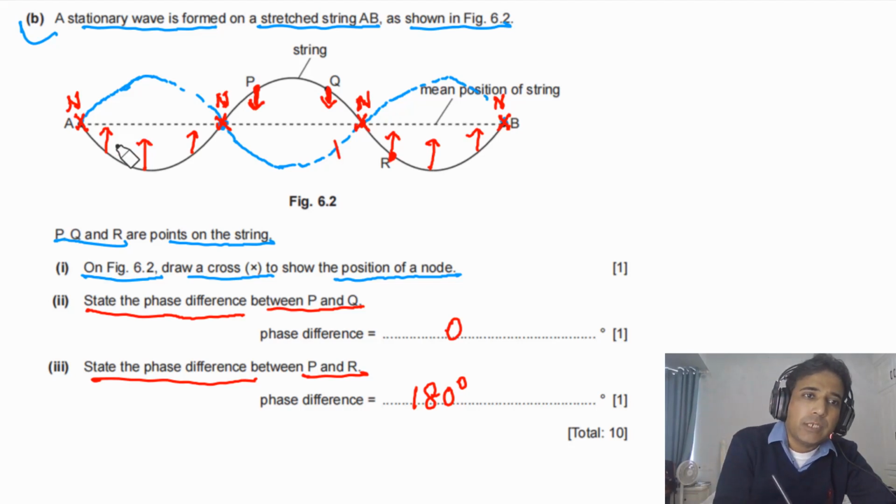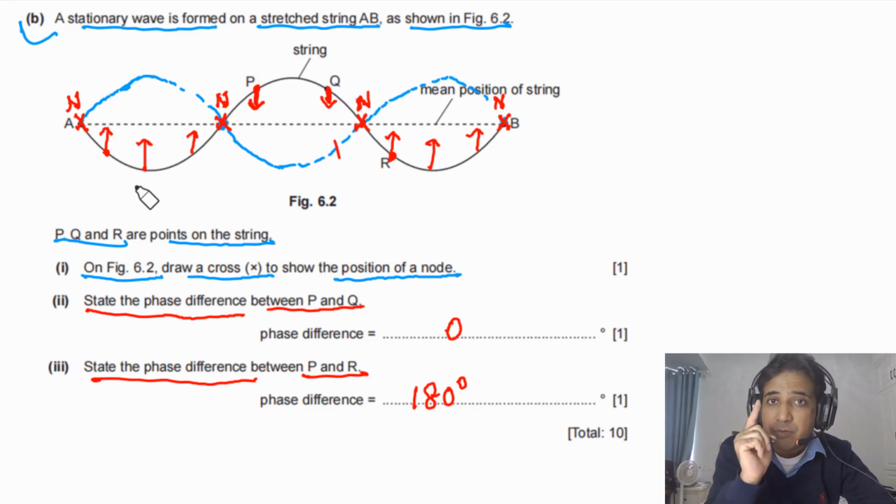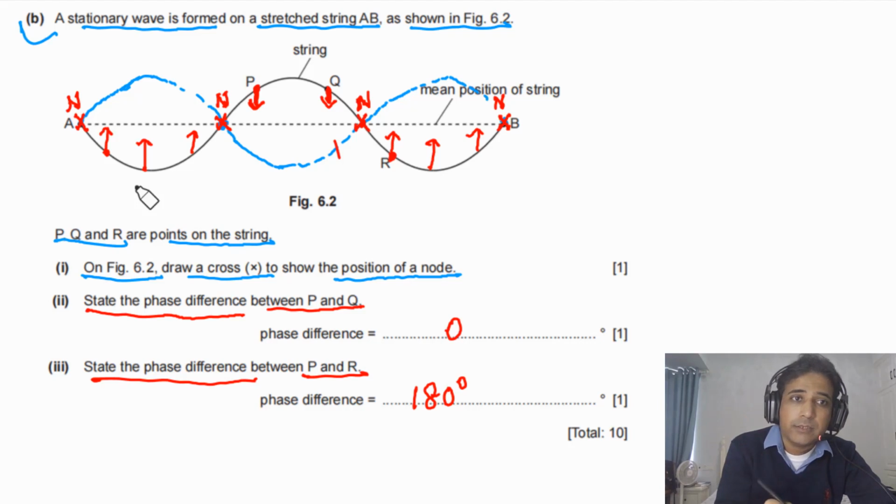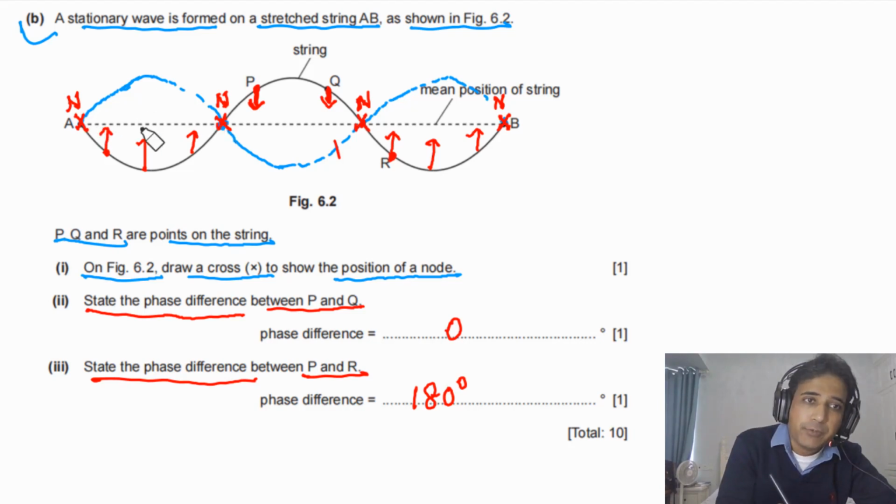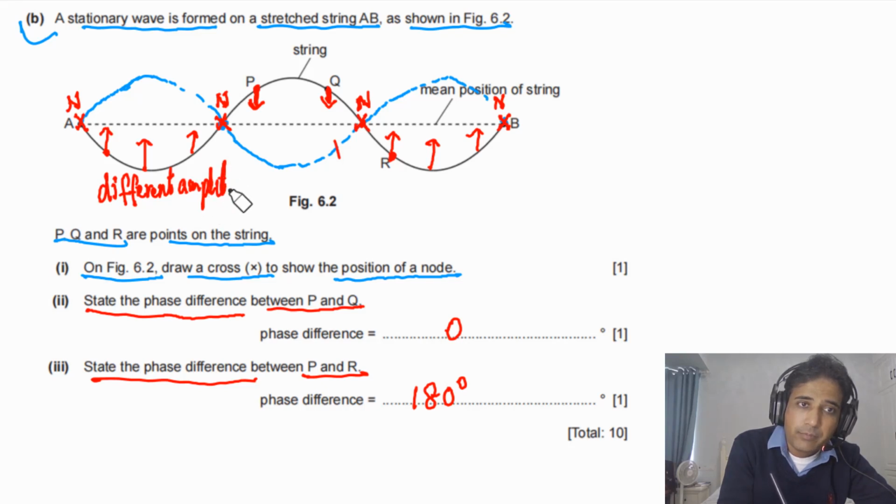And also you need to understand that this particle, for example, and this particle do not have the same amplitude. The amplitude is different. All the particles in this loop have different amplitude. So let me write down here. They have different amplitudes, but they are in phase.